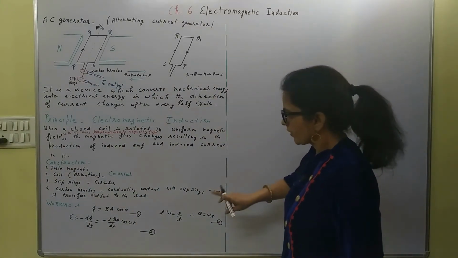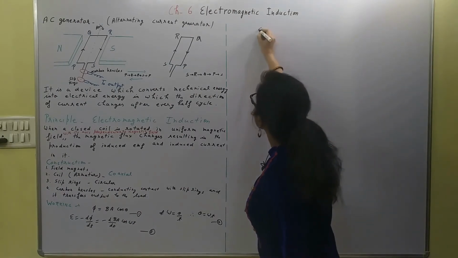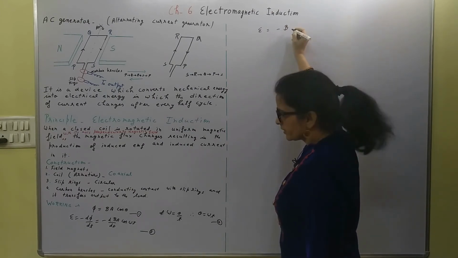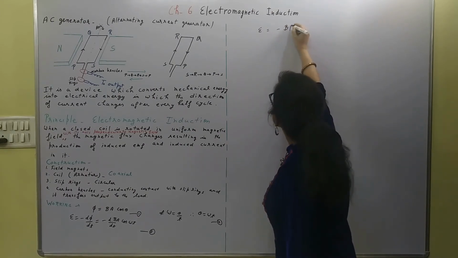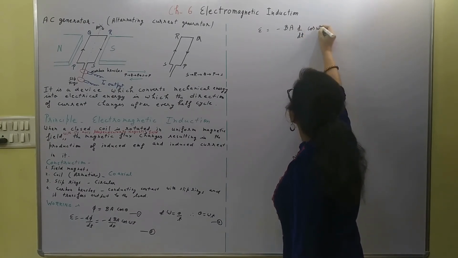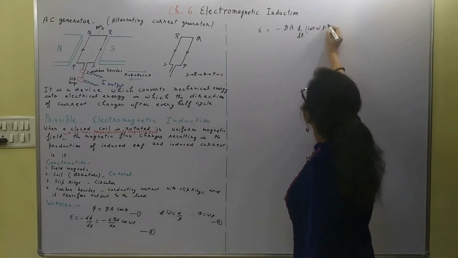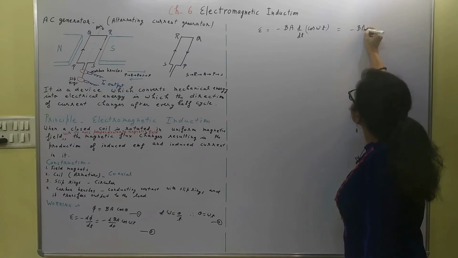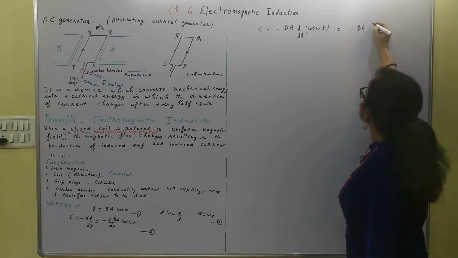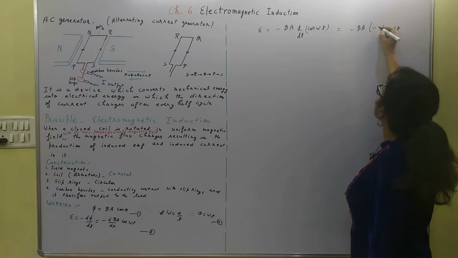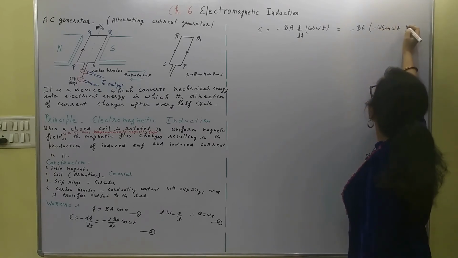From here you can differentiate it. E becomes minus d by dt of BA cos omega t. Uniform magnetic field, B can be taken out. Area is same, it can be taken out. So d by dt of cos omega t, that means differentiation of cos omega t. This gives me minus BA, the differentiation of cos theta is minus sin theta, but the coefficient of t is omega. So this omega will be written out.